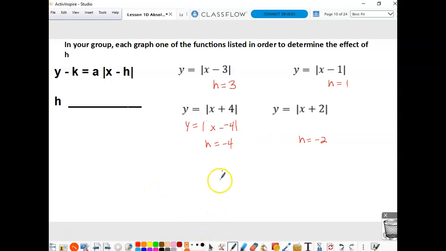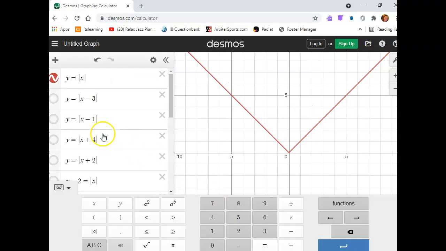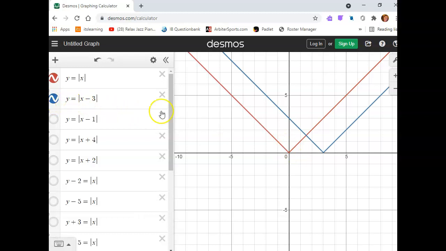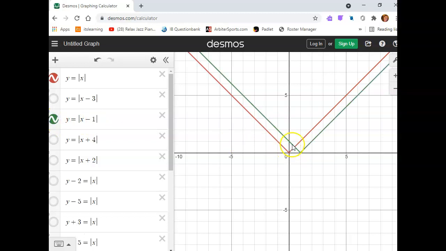Okay, so when I take these four and put them into Desmos, what I end up getting, my x minus 3, you can see my original graph's still on there. If I put on x minus 3, you can see what happens is, because my h value was a positive 3, it went 3 spaces to the right. When it was x minus 1, h is a positive 1, it moved 1 space to the right.